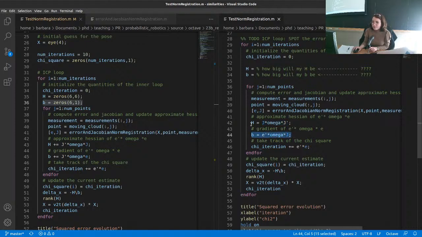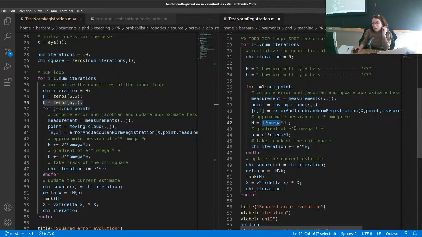In particular, as far as the computation of H is concerned, first of all, dimensions do not match because we are computing J omega J transpose instead of J transpose omega J. But, as you remember, omega is 3 times 3 because it is as big as the measurements, while J is 3 times 6 because it is as large as the dimension of the perturbation, so that this product here cannot be solved.